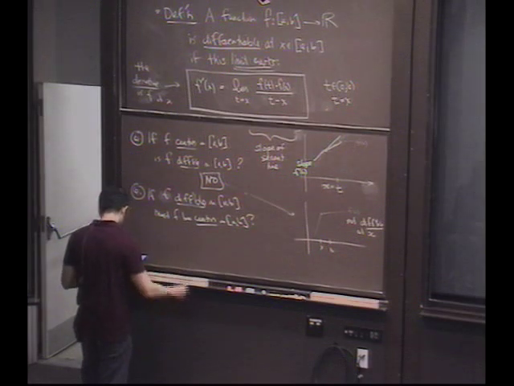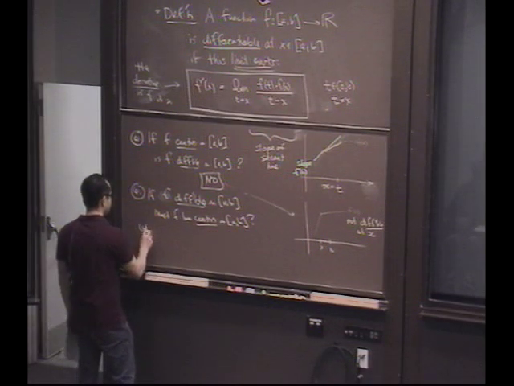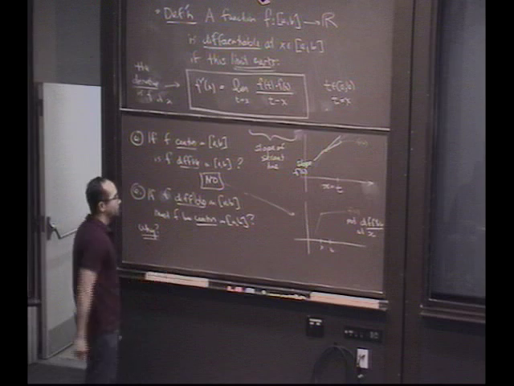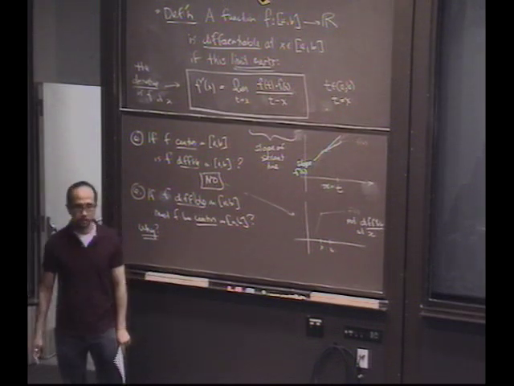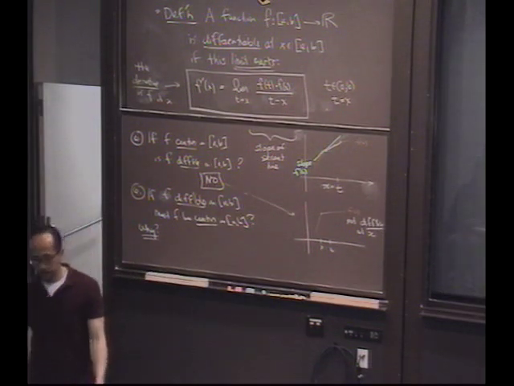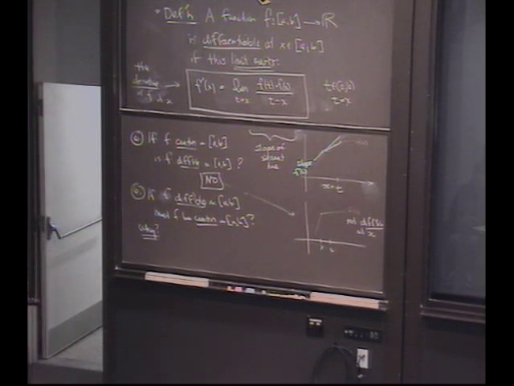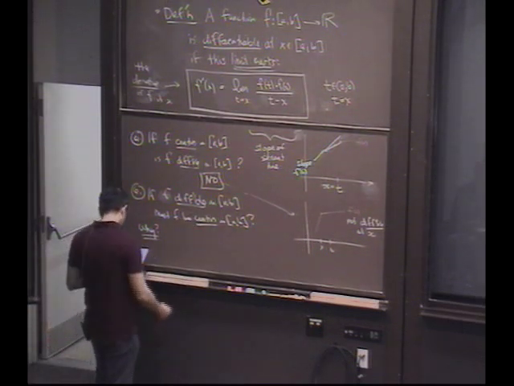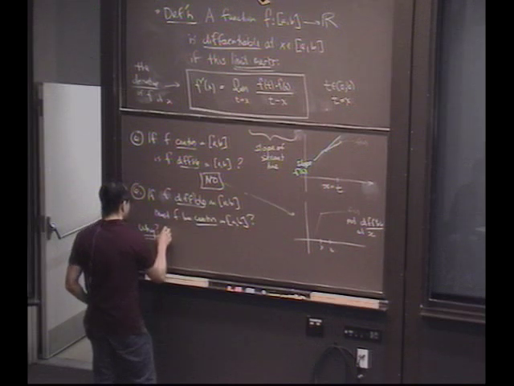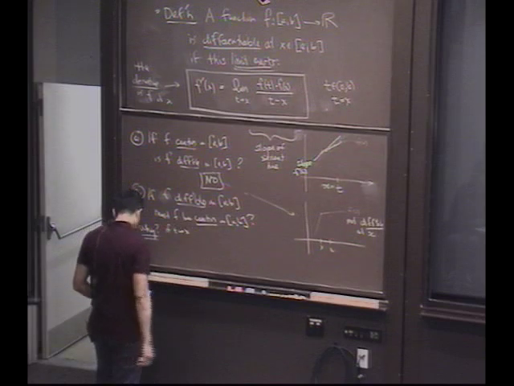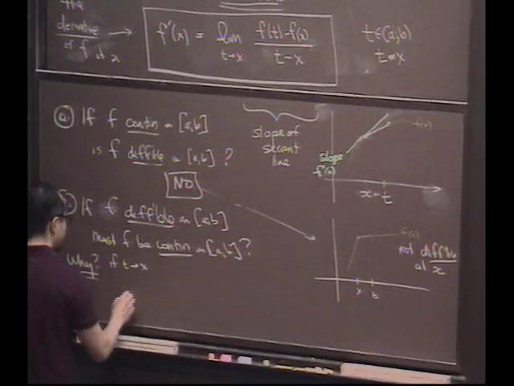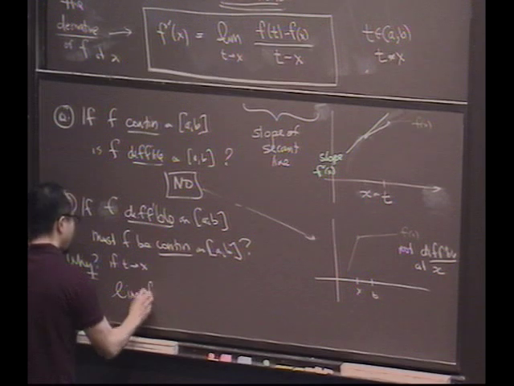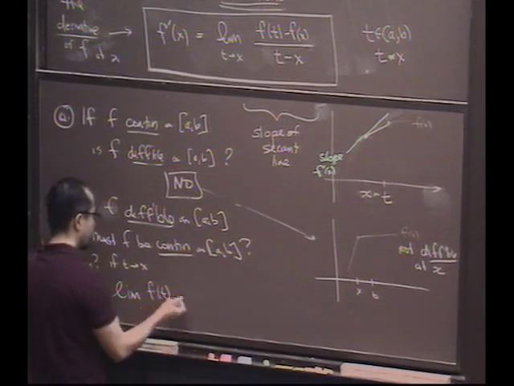How do we prove that? Well, it's actually not too hard, knowing properties of limits, right? When you're taking a limit of a function, we know that the limit of a product is the product of the limits, yes? And if I want to verify f is continuous, would you agree that it's enough to verify that if t is converging to x, the limit of f of t goes to what?